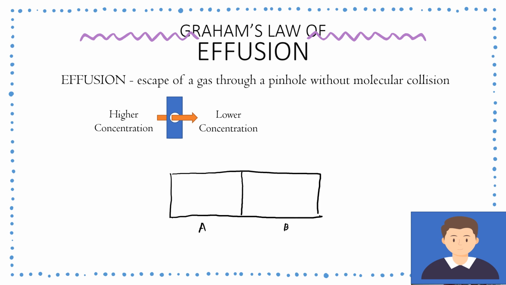Imagine that barrier is poked in the middle, and only a portion of it is the escape point of gas A and gas B. So that is the difference. In diffusion, we allow it to be completely open. In effusion, we only have this pinhole.